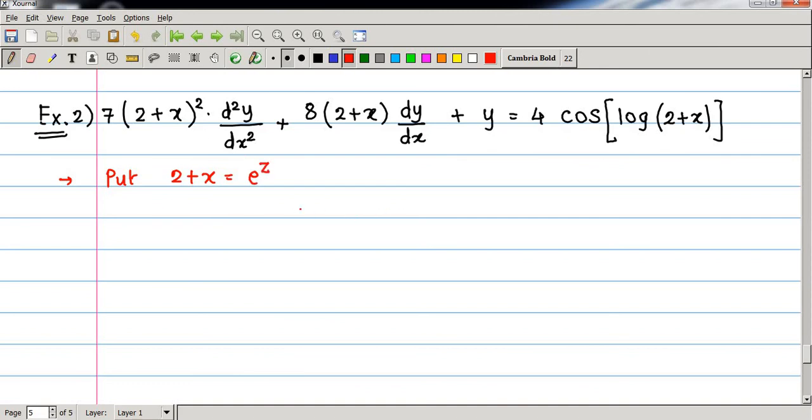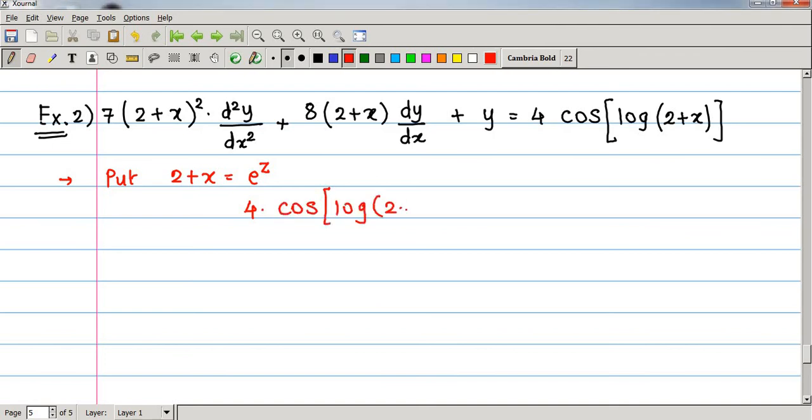Therefore 4 times cos of log of (2 plus x) will be equal to 4 times cos of z, as your value for z will be log of (2 plus x). So we use this value here, and it will be simply 4 cos z.